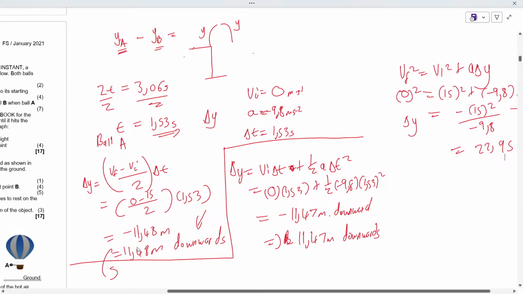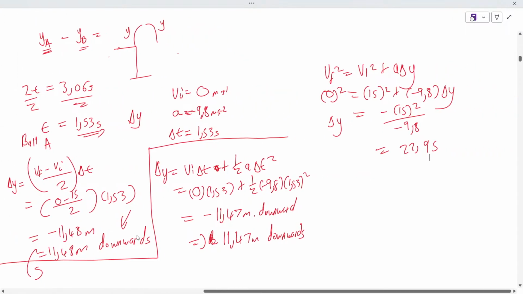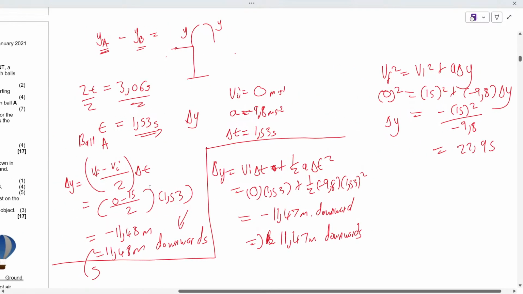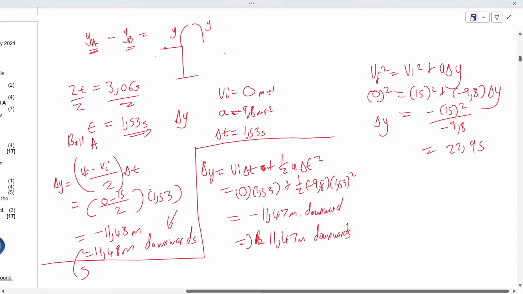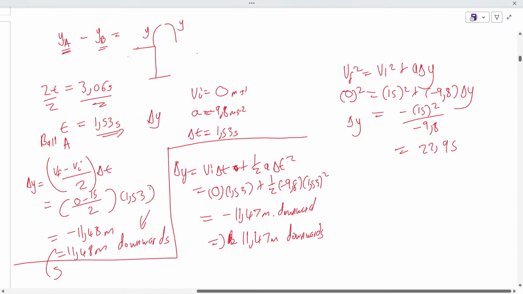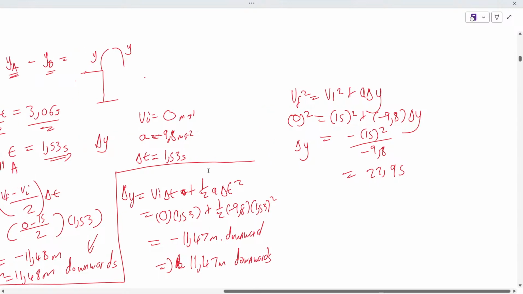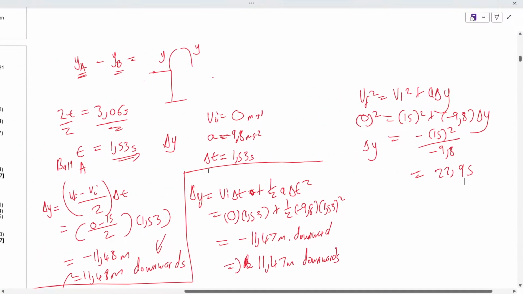Why is it different from this one? It's different because over there we included time, which is 1.53. Oh, wait. Here we are solving for the distance.